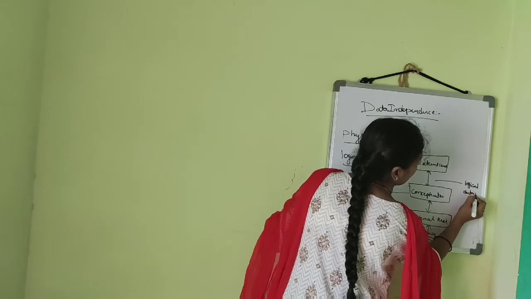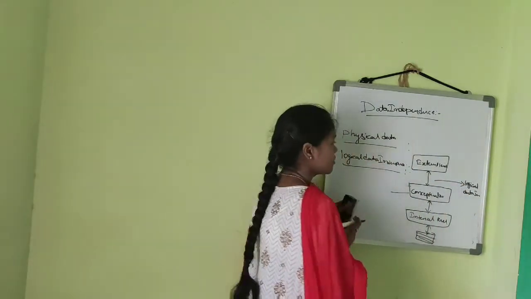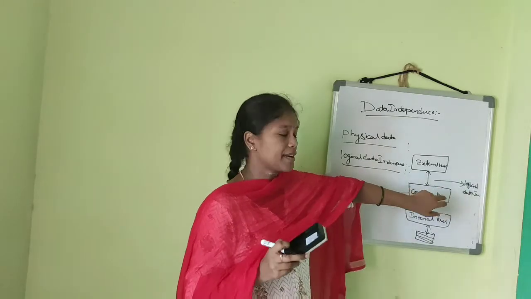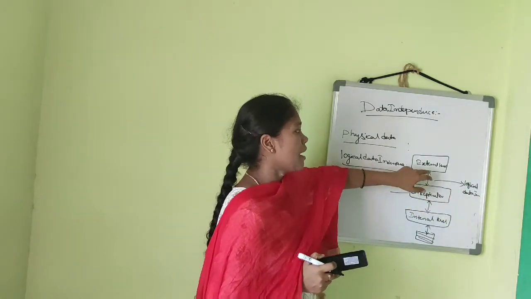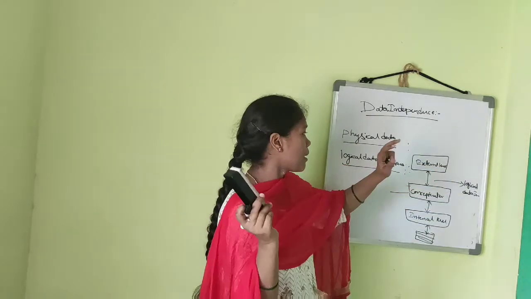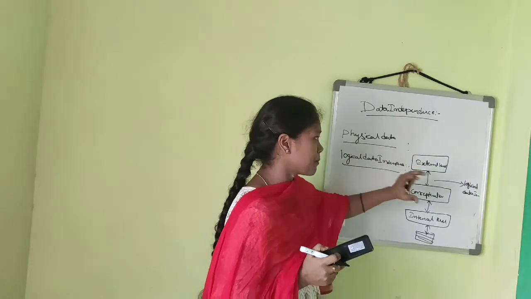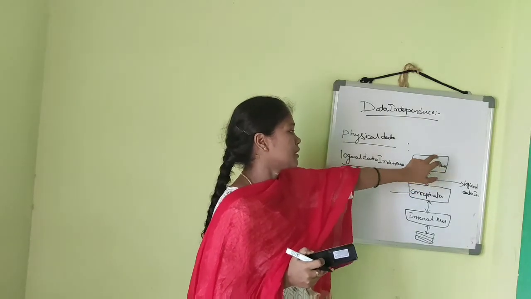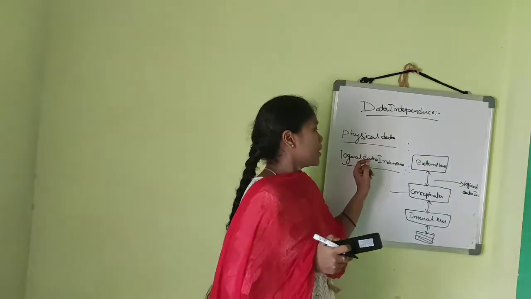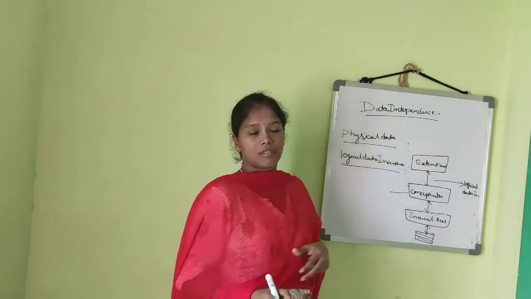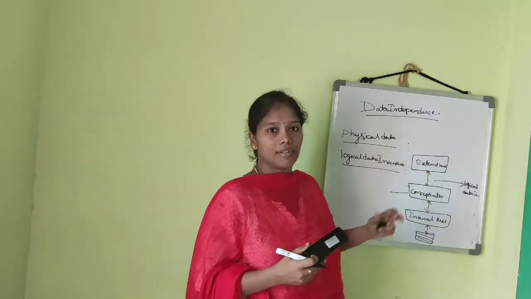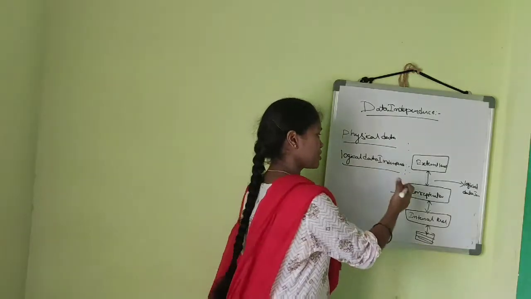What does logical data independence do? It separates the external level from the conceptual level. These 2 schemas are separated by using logical data independence. And this occurs at the user interface level.